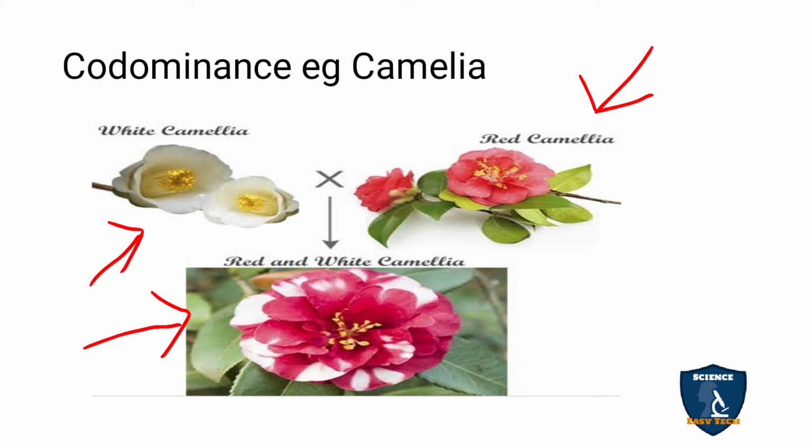You can see one petal is white in color and one is pink, that is red, in color. So both the parents' characters appear because both parent colors are dominant. They appear in the F1. So that is called codominance.